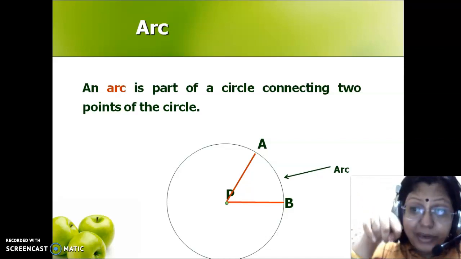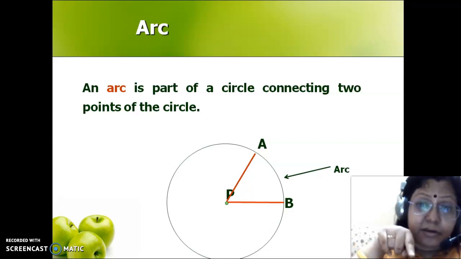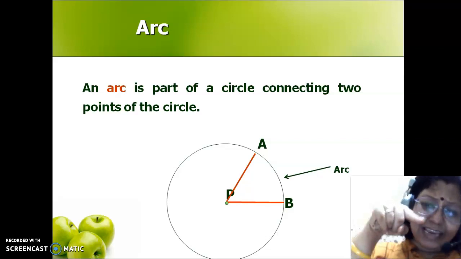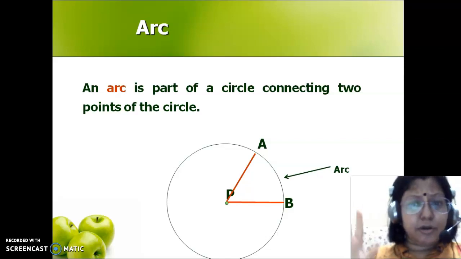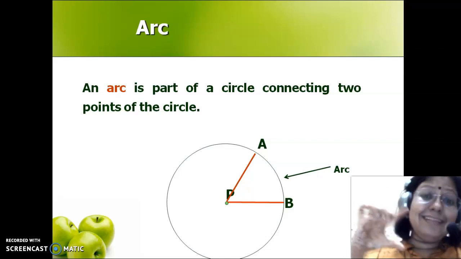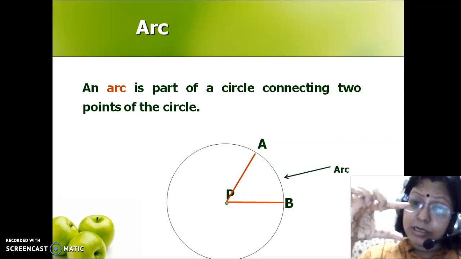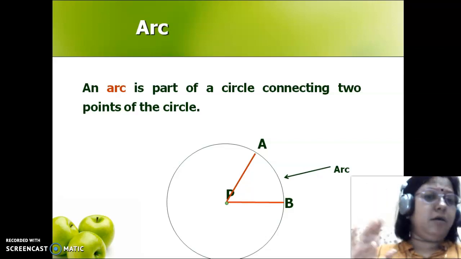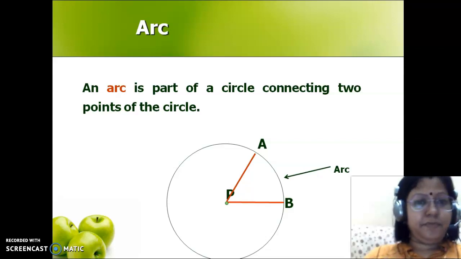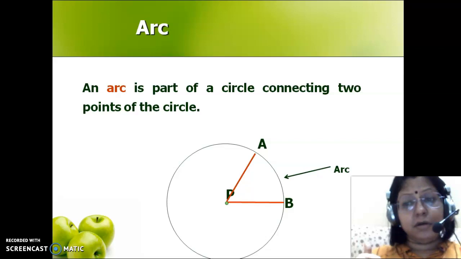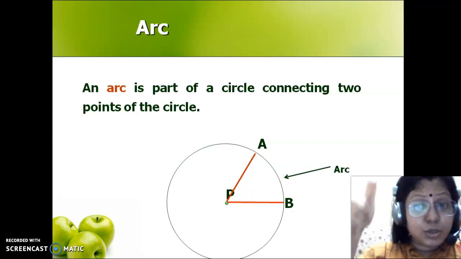But when I am joining the points, all the points between A and B, there are infinite number of points, children. So when I am joining it, then that particular portion is nothing but arc. The part of a circle which connects the 2 points of the circle is nothing but arc. I hope you all have understood this.